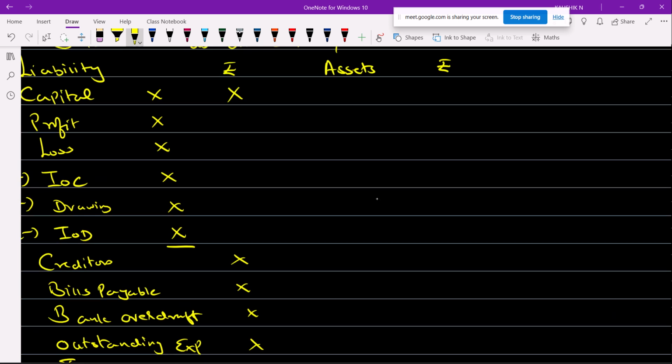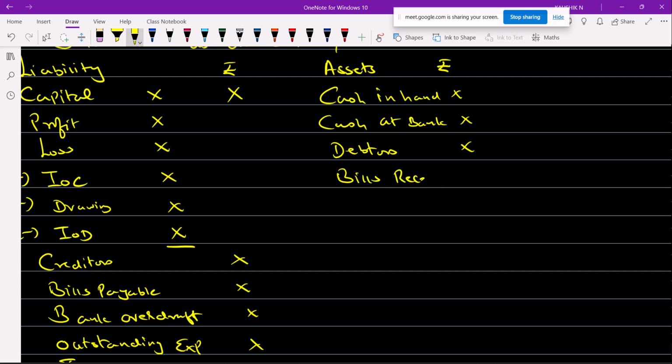The same way, on the asset side, you will be recording the most frequent items like cash, which means cash in hand, then cash at bank, followed by debtors or sundry debtors, bills receivable, and then loans and advances.